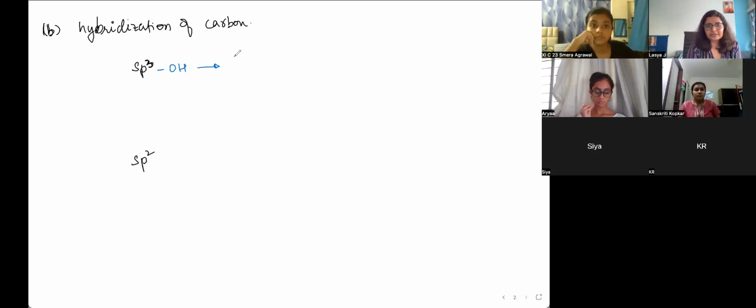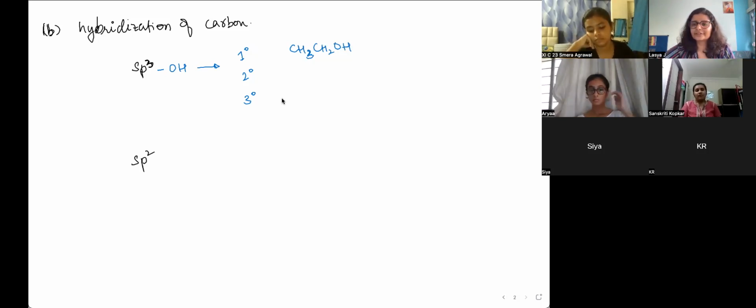pretty simple. Again, as always, you have your primary, secondary, tertiary. This is standard. So primary, CH3CH2OH, for example. Secondary carbon example, can you give me an example? You already noted down one secondary carbon example.